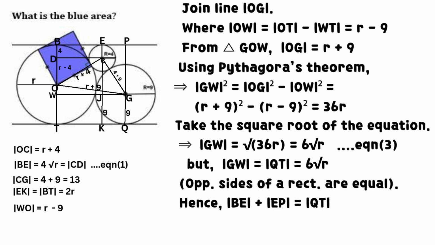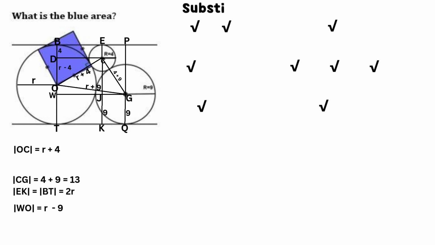Recall that line GW equals line QT, which equals 6 times the square root of R. The reason is that opposite side lengths of a rectangle are equal. Hence, the sum of line BE and line EP equals line QT.